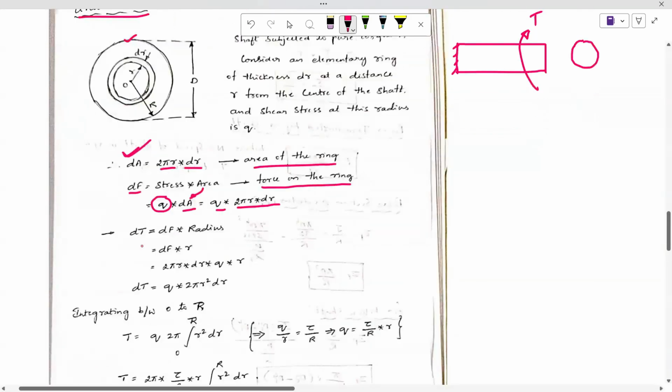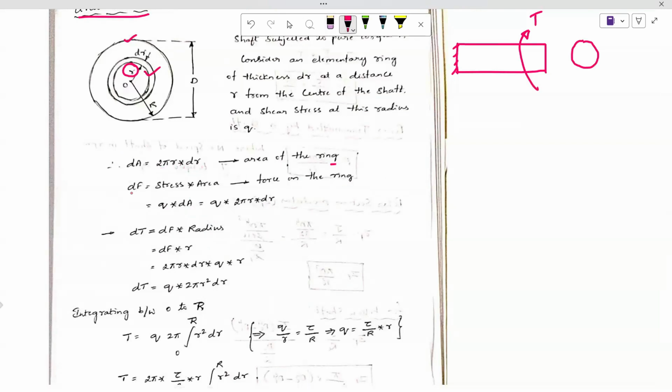Now coming to this, what is dT? The torque acting on this elementary ring. Torque will be equal to force into distance. Force is dF, and the distance is r, because the elementary ring is at a distance of small r from the center. So dT is dF into r.